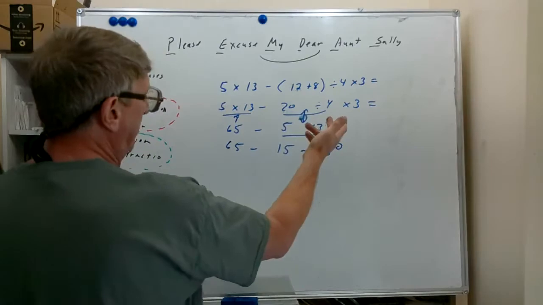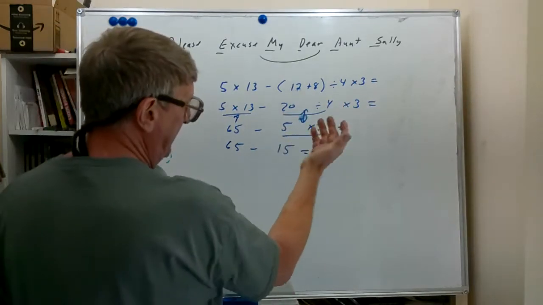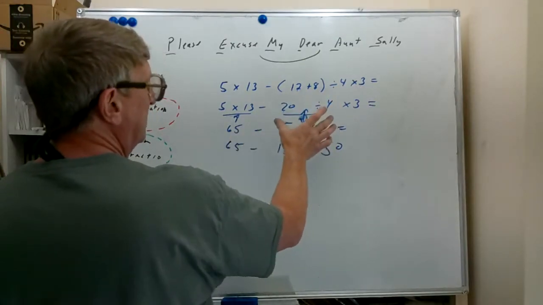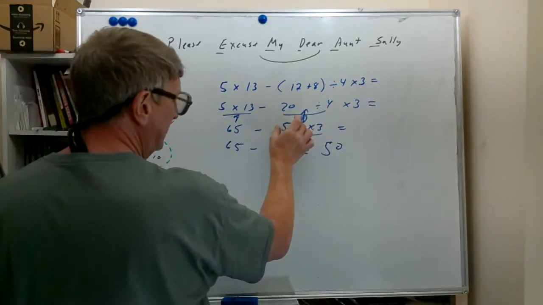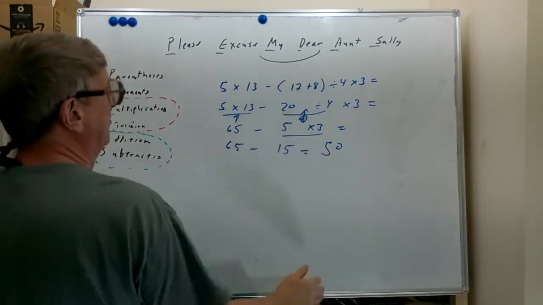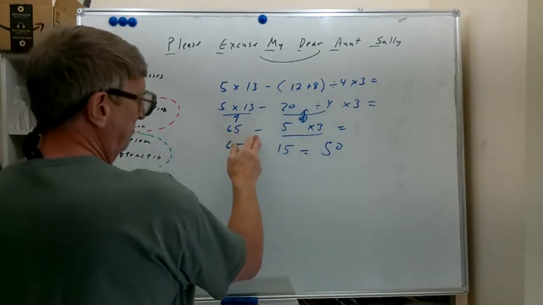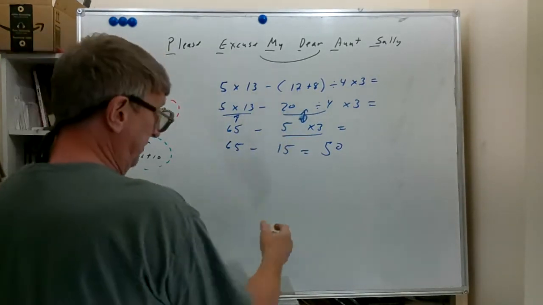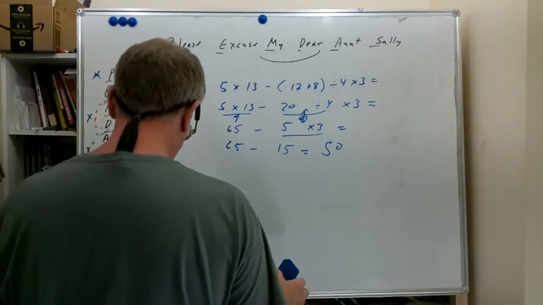We could have just multiplied 5 times 3 and made the 15, but it's a little simpler, I think, if you calculate this, rewrite it, then do that. See, now we have only one multiplication left. Right there, we did that multiplication. Now we have just subtraction. We're able to complete our problem.